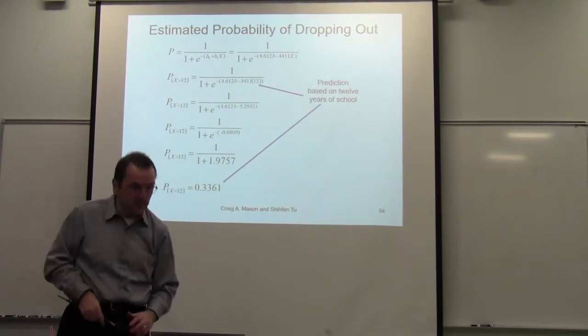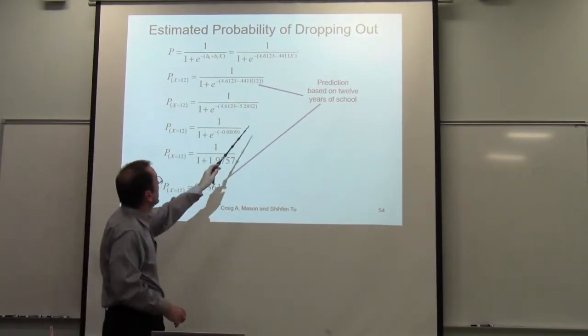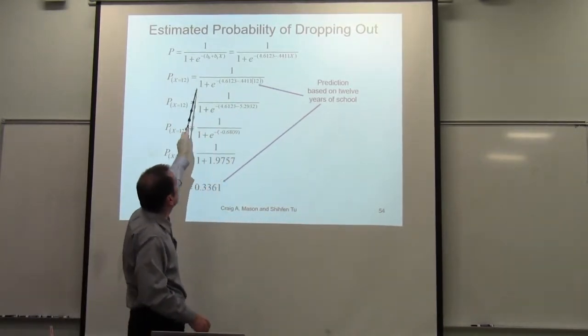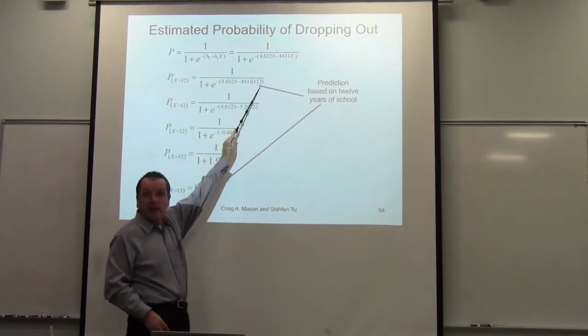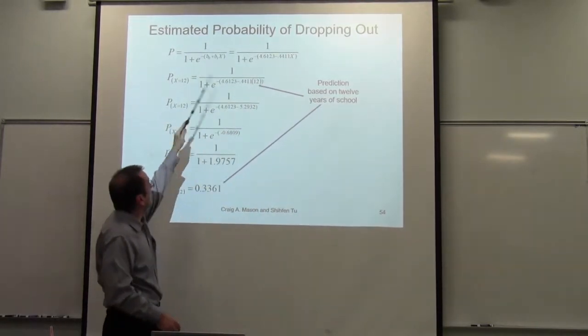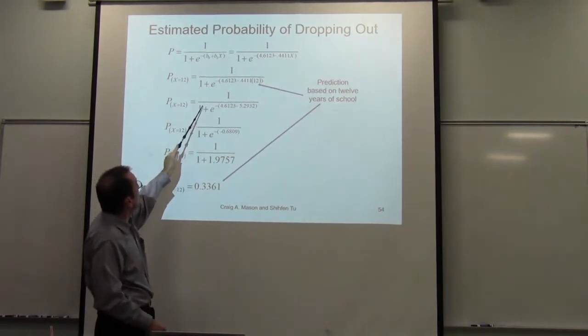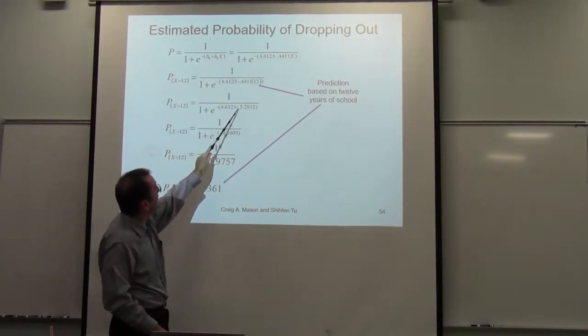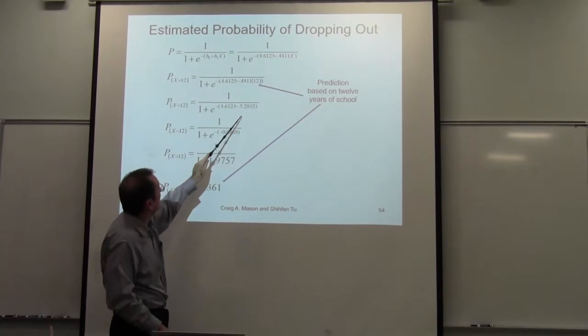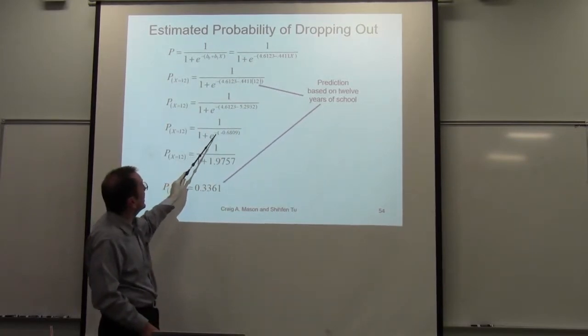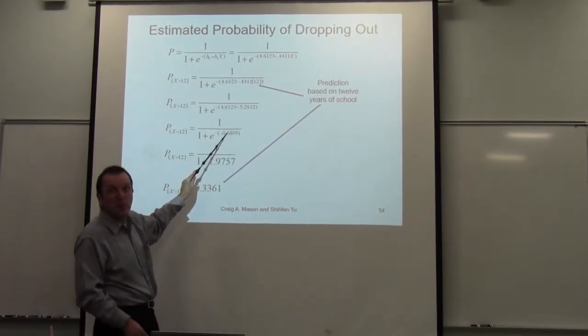We can do the exact same thing with a different value. What about if they had 12 years of schooling? We just take the exact same equation, but now we plug in a 12. And you get down to 1 over 1 plus e to the negative 4.6 minus 5.29, or 1 over 1 plus e to the negative 0.68.